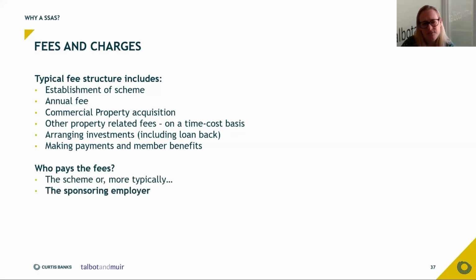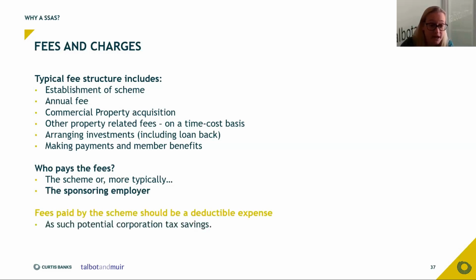But I think the good thing is, with regards to the SSAS, the sponsor and employer could pick up that fee, as well as the fee can come directly from the scheme. So it doesn't actually have to come out of the individual's pockets, which is good. There is, of course, as well, if the sponsor and employer pays the fee, the option for that to be offset against corporation tax.